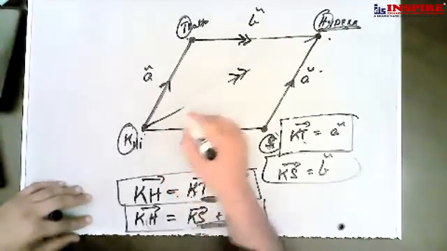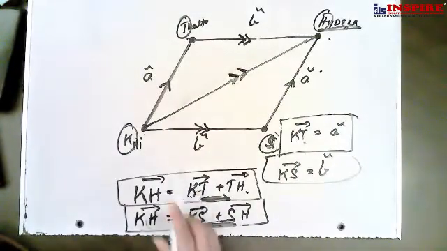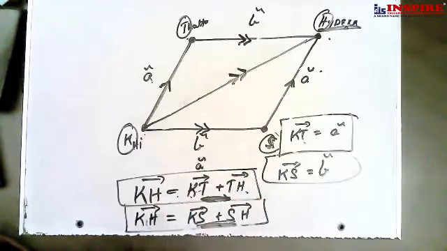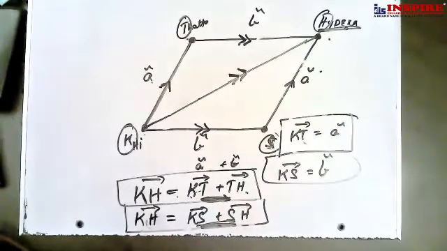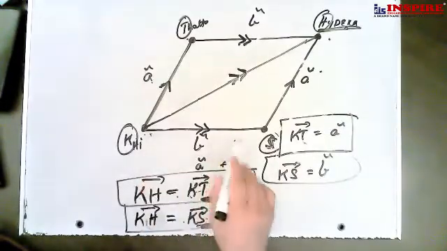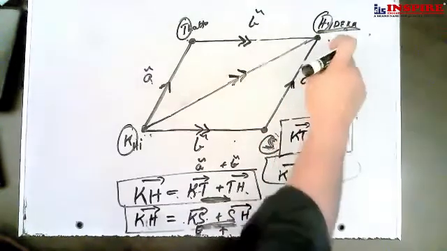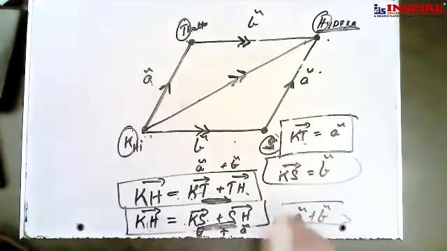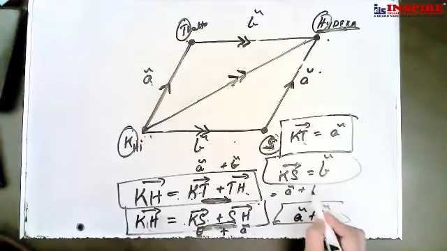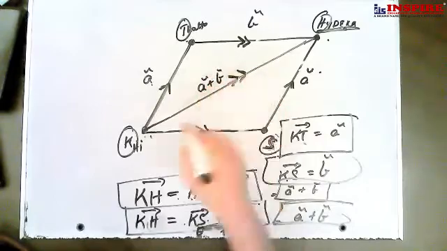So the route that was not defined could even be defined. Karachi to Thatta is A and Thatta to Hyderabad is B. Karachi to Superhighway is B, and Superhighway to Hyderabad is A. This also ends up with A plus B, and this also ends up with A plus B. Of course, we can write this as A plus B now.